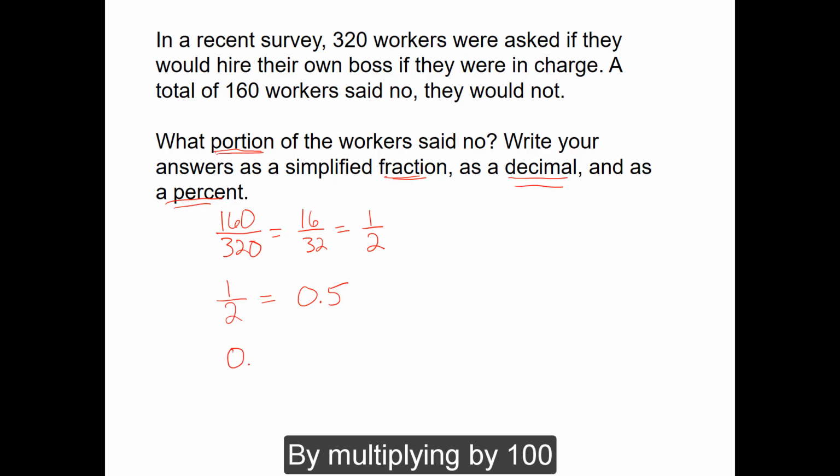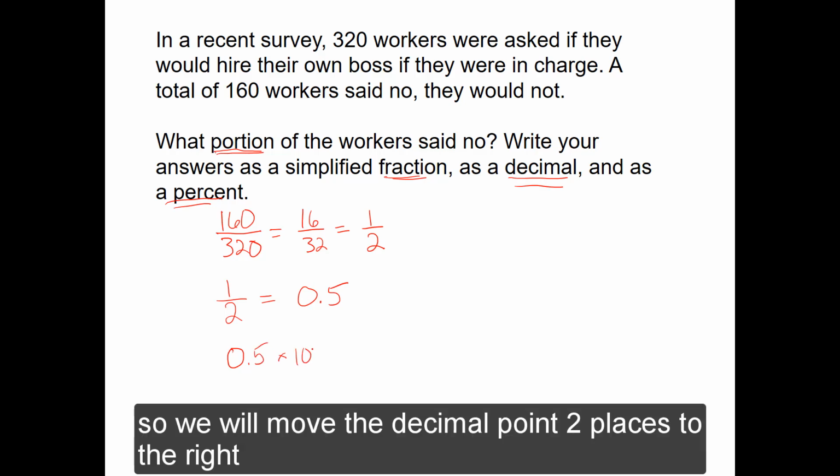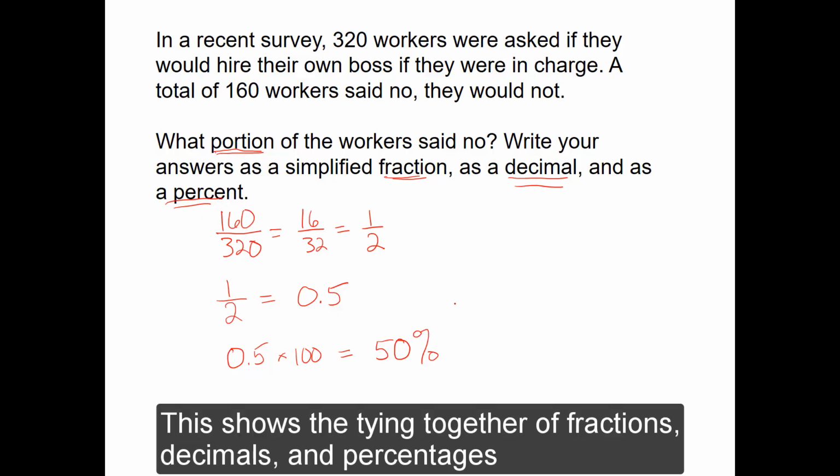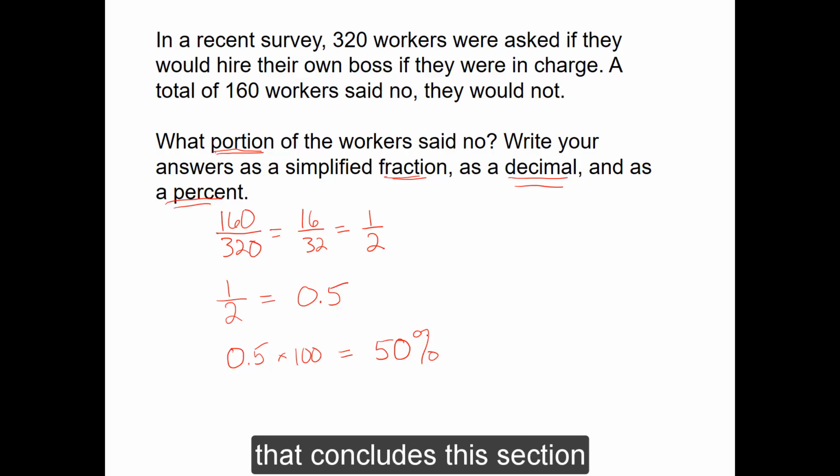And by multiplying by 100, that means we're going to move the decimal point 2 places to the right. And when we do that, that would be equal to 50%. So this shows the tying together of fractions to decimals to percentages. That concludes this section.